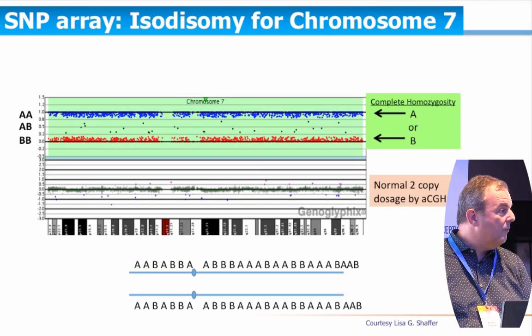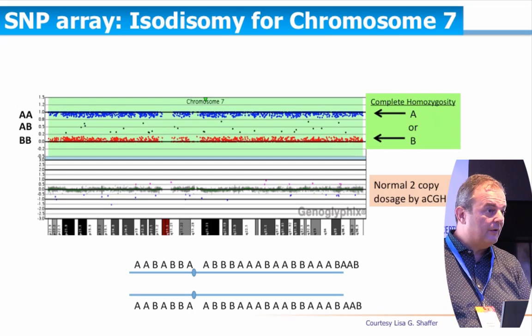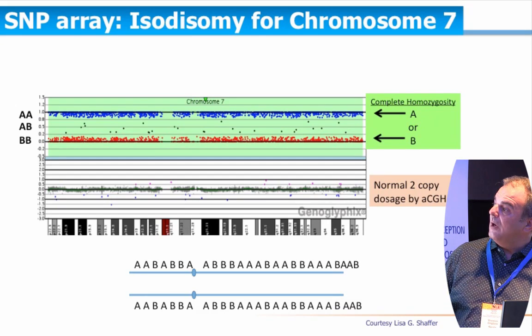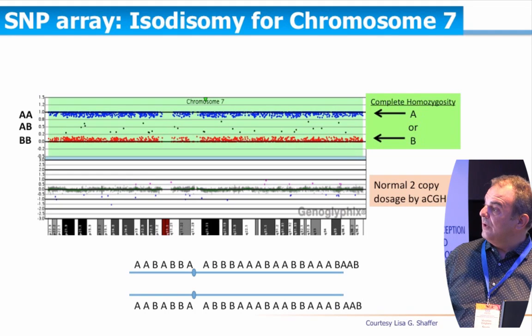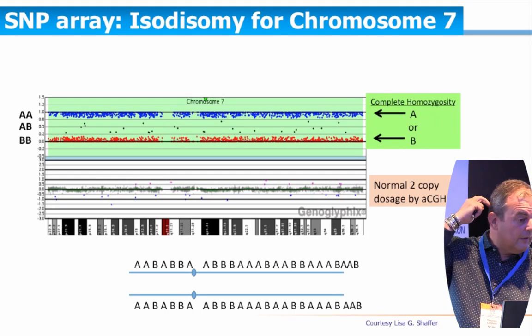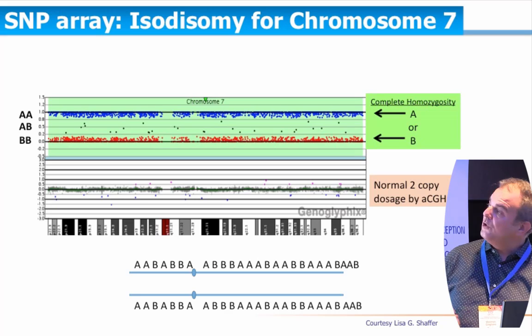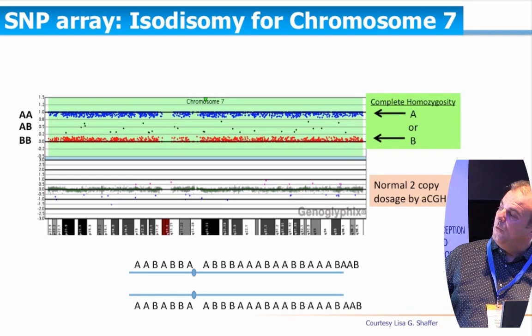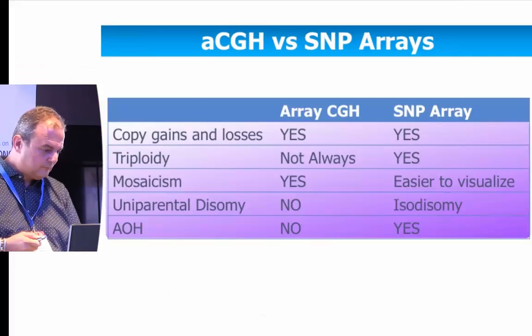Either platform will give you similar data, and the main difference is that apart from a copy number, the same as you can have with a conventional array CGH, you also have genotype at the SNP site. This is an array with an isodisomy for chromosome 7, and you can see you only have homozygosity for one of the two alleles, and there's no heterozygosity at all in the middle.